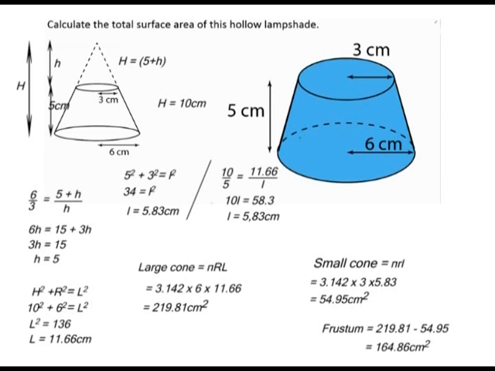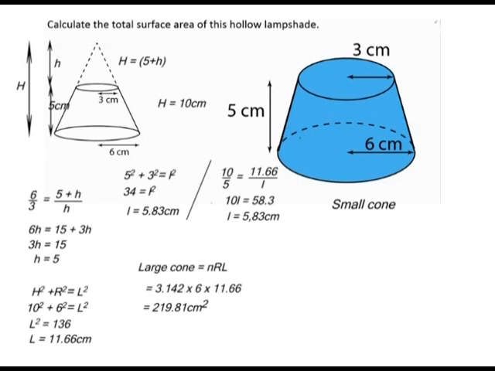An alternative method, when we go to the area of the large cone, we could have used the area scale factor to find the area of the small cone. The linear scale factor is L small over L capital because we are going from the large cone to the smaller cone. Area scale factor is equal to 5 over 10 squared.